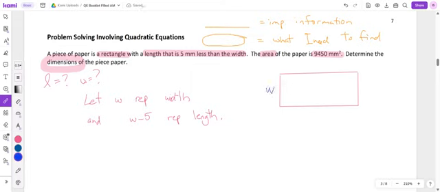Now they say the length is 5 millimeters less than the width. So the length is the width minus 5, less than the width. On my picture, I'm also going to put this information.